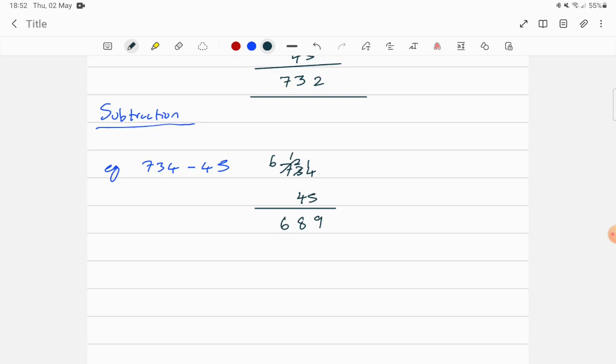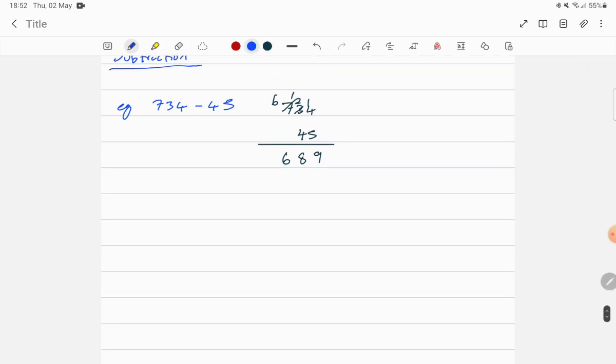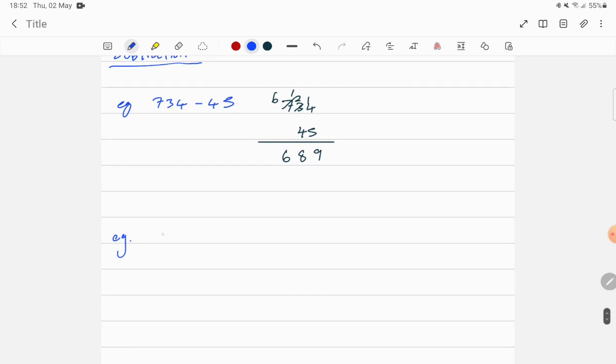And another way to do this, if it's maybe numbers that are closer together, so just to add a second example for subtraction, let's say, for example, 104 minus 99. You can look at this from a number point of view.